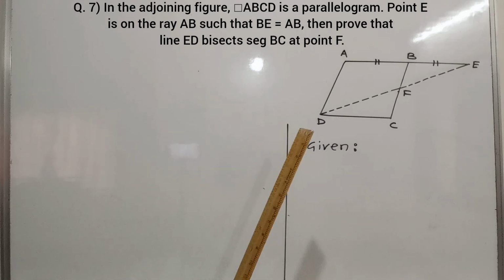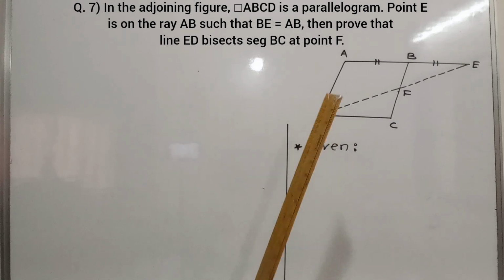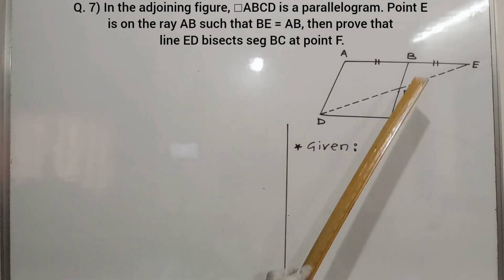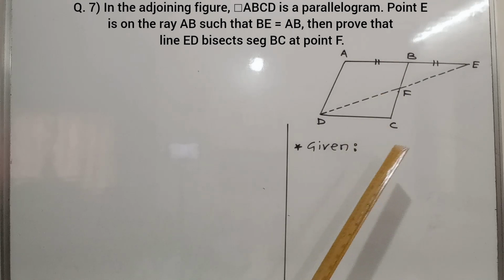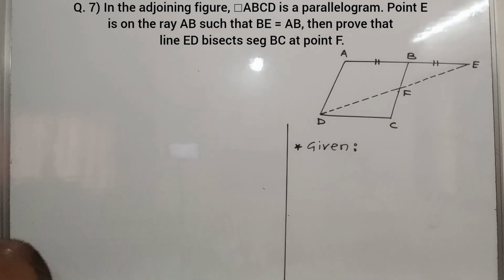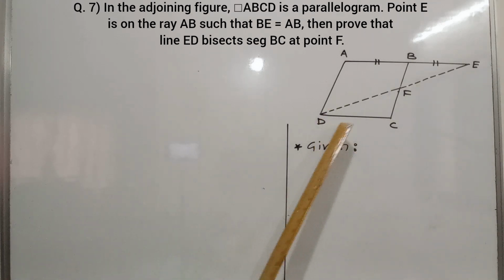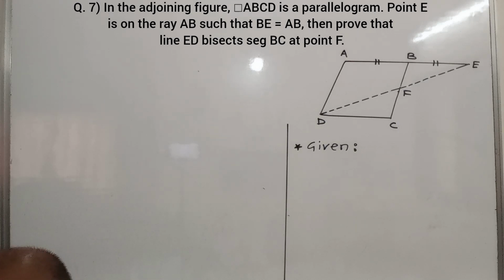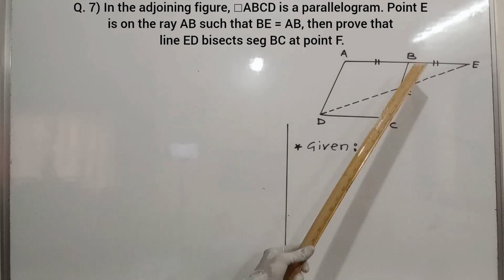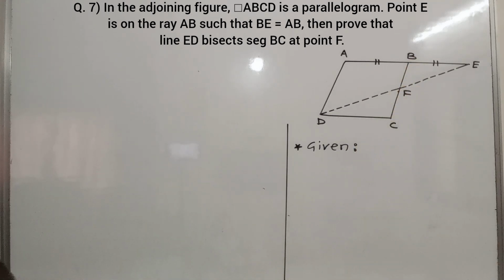Then prove that line ED bisects segment BC at point F. Bisect means it makes two equal parts of side BC, which are BF equal to CF. That is what we have to prove.